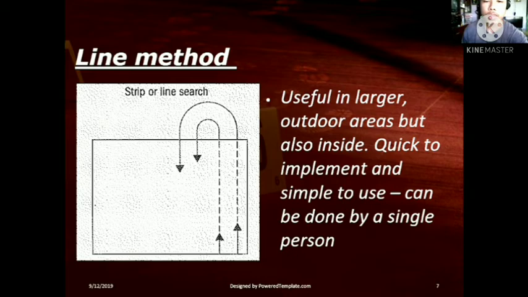It is similar to the grid search except the searchers generally only move in one direction, from one side of the search area to another. Because of trees, shrubs, rocks, or other objects that may make a grid search unfeasible, the line method search is the next best method to use.